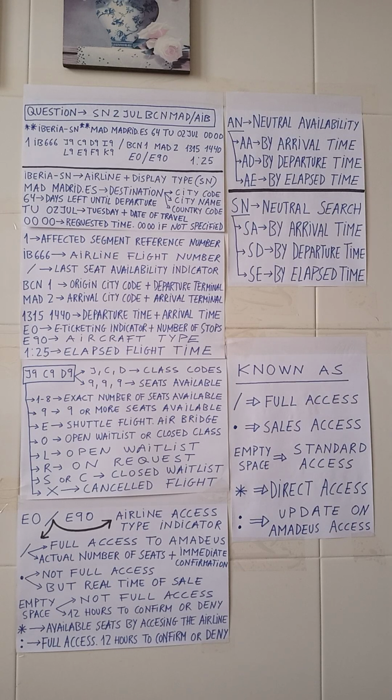I also use this introduction to preview a summary of today's video. On the top page, we see a transaction that gives rise to a kind of screenshot, and that would represent the response of the Amadeus system to show us the options that exist on a flight from Barcelona to Madrid with the airline Iberia.